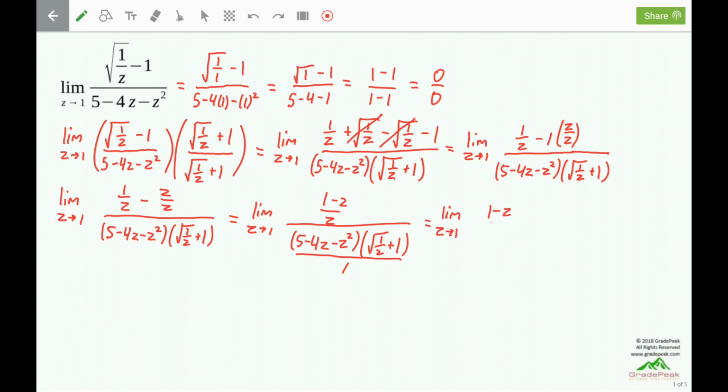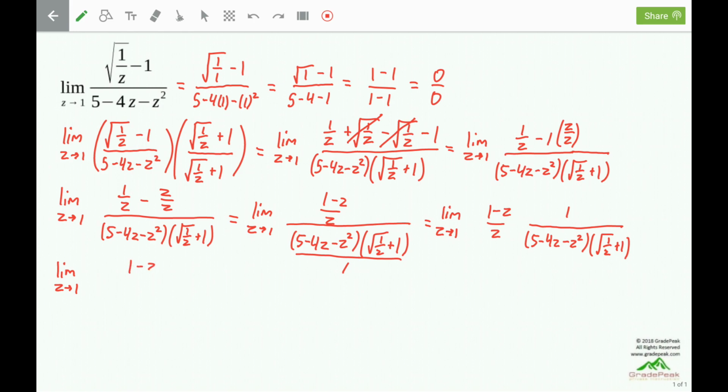So we're going to have 1 minus z divided by z multiplied with 1 over, so we reciprocate the denominator, which means the 1 moves to its numerator, and everything else moves to its denominator. Now we actually multiply those together.